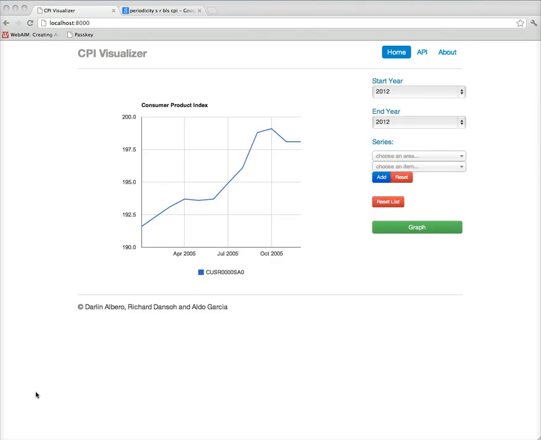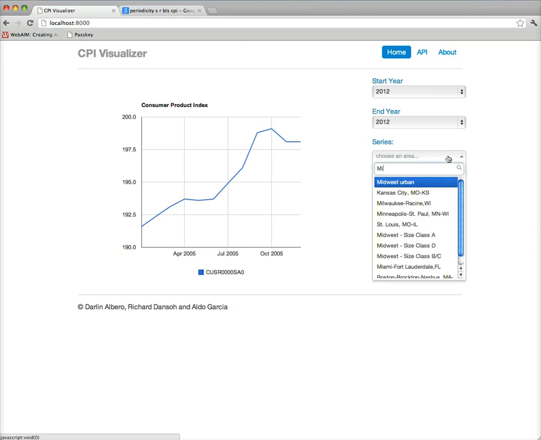Okay, so now we're on our home page, and this is the actual location of our main app. As I touched on before, there's numerous regions and categories that we can explore when pulling up CPI data. So let's say we wanted to compare the change in gas prices in different regions of the country. First, we'll stick with the year 2012, and we'll start off by looking at, say, Miami, Florida.